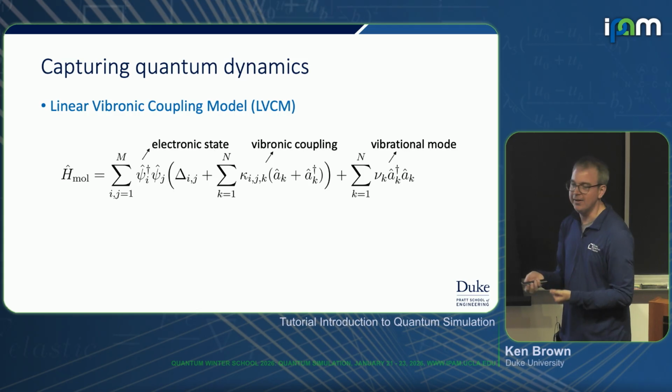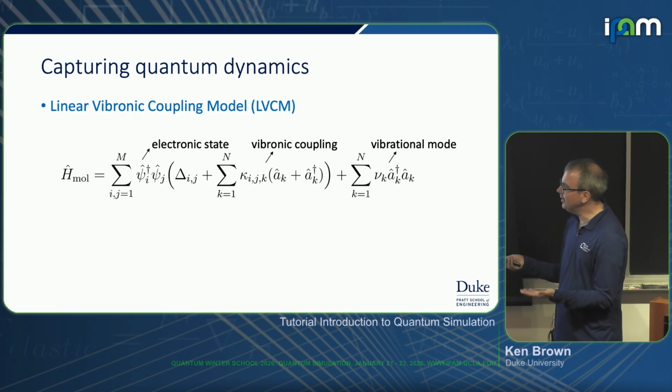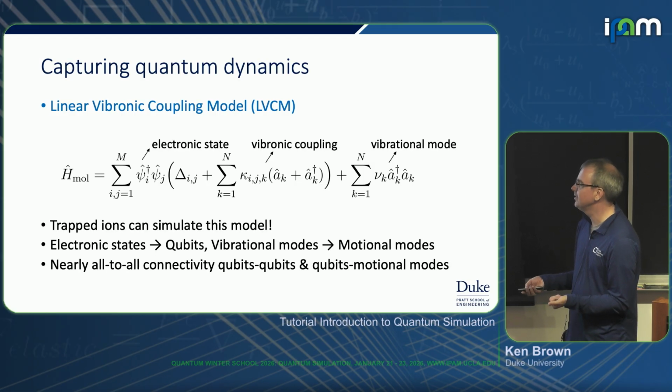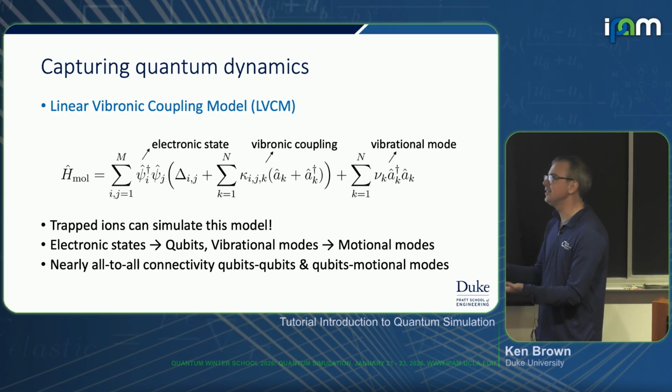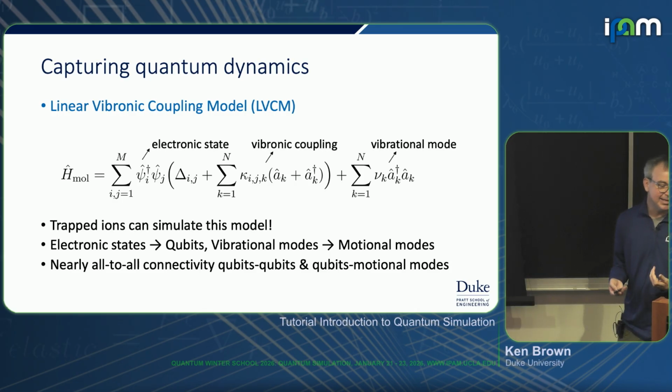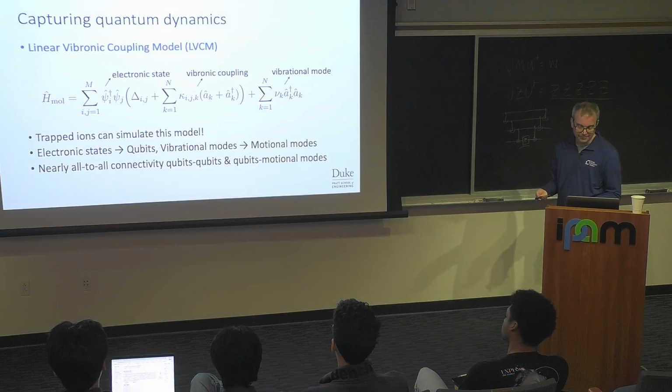And then we have some oscillator energy. And as an ion trapper, you look at that, and you're like, okay, great. This is effectively my ion trap Hamiltonian. I should get to work on doing this. And so I just map the electronic states to qubit states, the vibrational modes to motional modes, and I take advantage of the all-to-all connectivity.